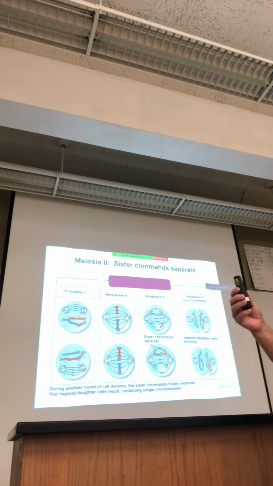And in mitosis, you could have either a haploid or a diploid. And in meiosis 2, you generally have 2 cells rather than 1.